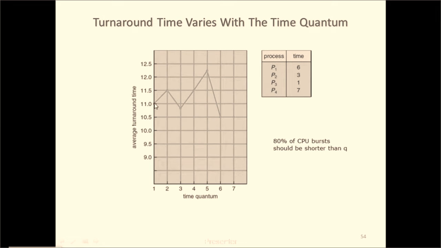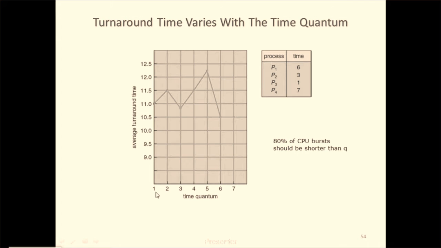And you'll remember that for this performance, the average turnaround time is increasing here, then decreasing here, increasing drastically here when it shifted from 3 to 5, then it comes down to 10.5 and stays there for 6 and 7 also.